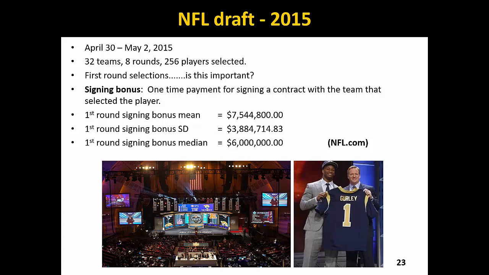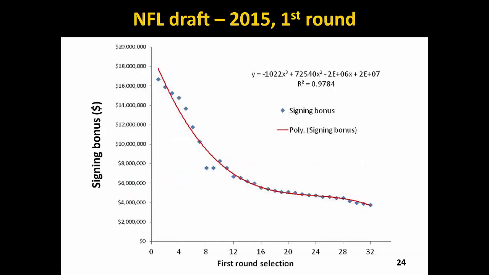Now, if we plot the first round signing bonuses per first round selection, here we see a nonlinear decrease in the signing bonus as a player gets selected later and later in that first round. So the first round selection is very important to the selectees, because the signing bonus is particularly large.